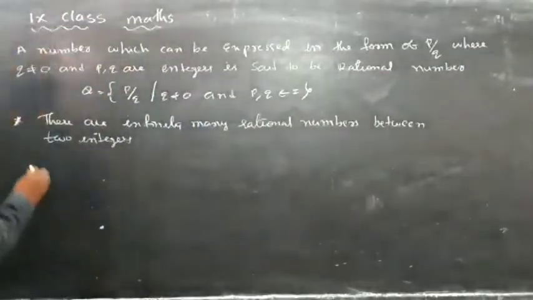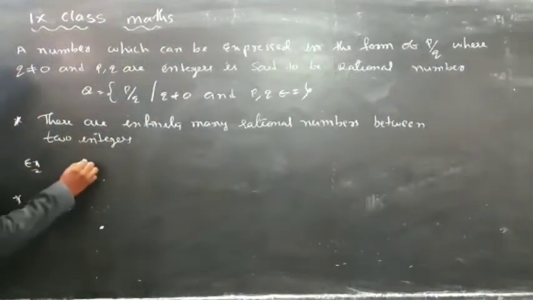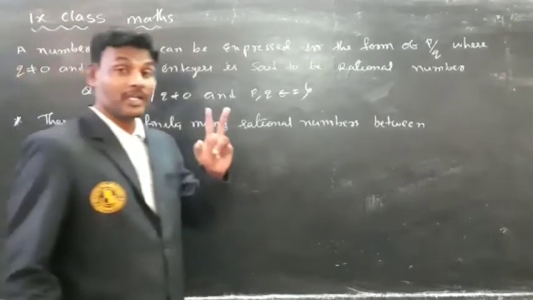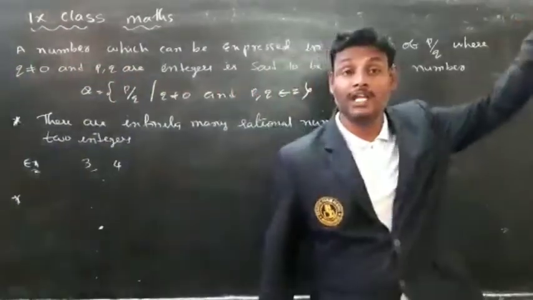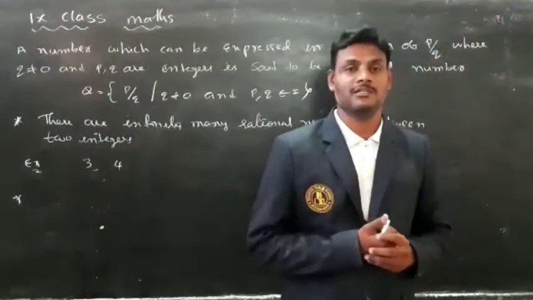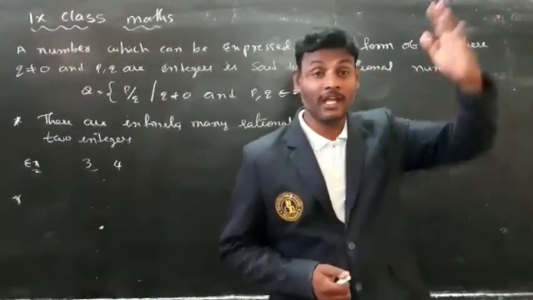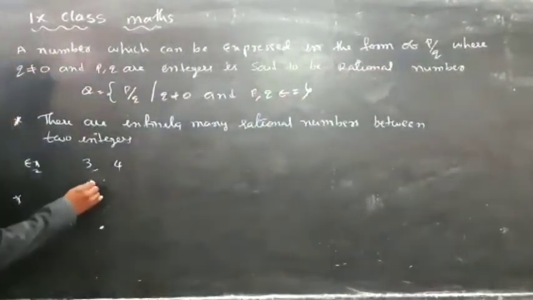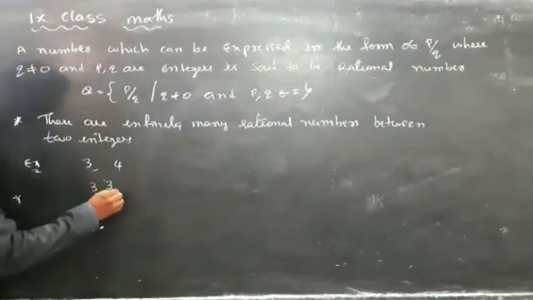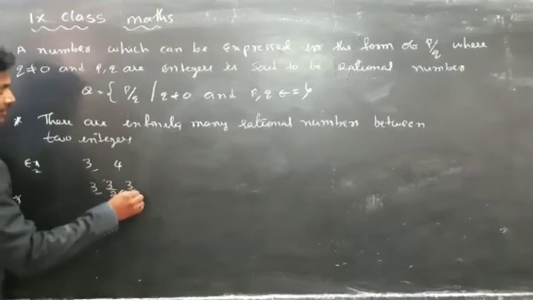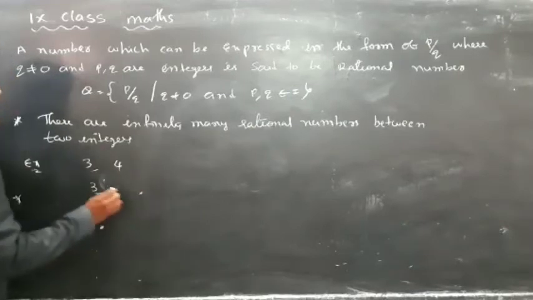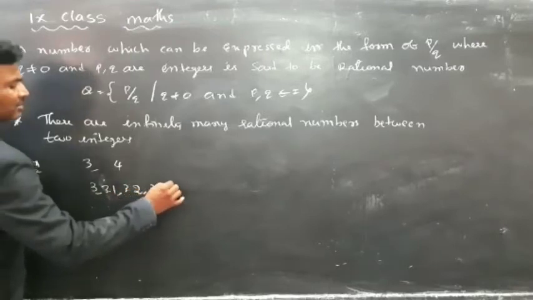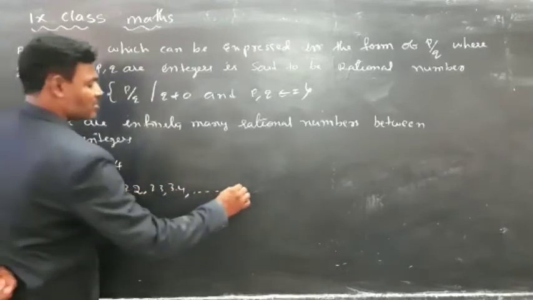For example, 3 and 4 are two integers. Between two integers we can write infinite rational numbers. For example, 3, 3.1, 3.2, 3.3, 3.4, and so on up to 4.